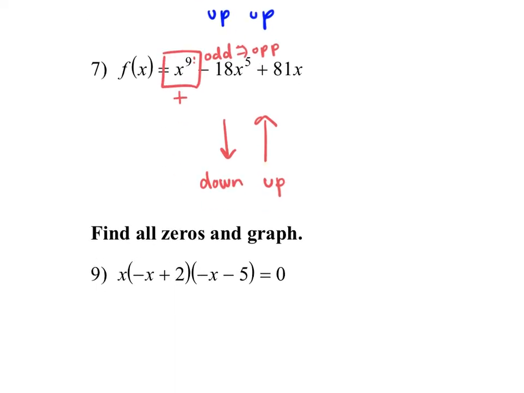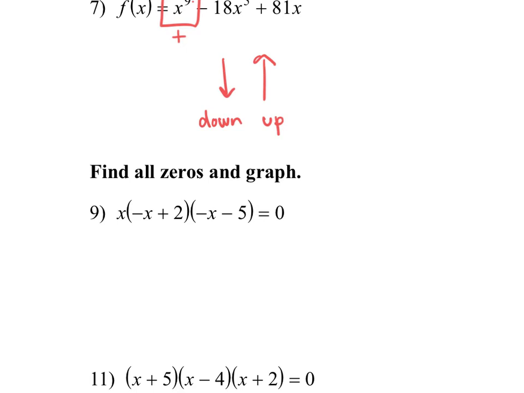Alright, next. We've defined all zeros and graph. So how do we find all the zeros? X equals 0, so we just set each piece equal to 0. So we said x equals 0.